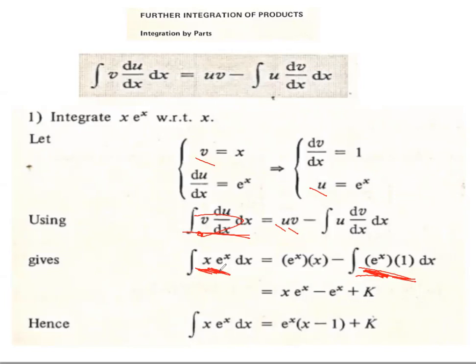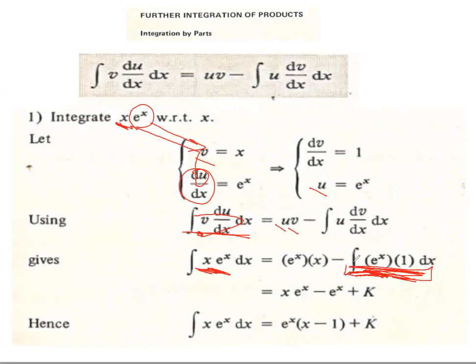Now, in your own time, I'm not going to indulge you here. You go home, or you're at home when you finish this class, and do the wrong substitution. Let this x here be du/dx, and let e to the x be v, and see what happens when you come to this substitution here.